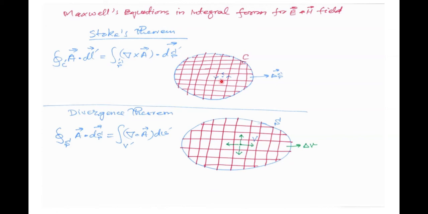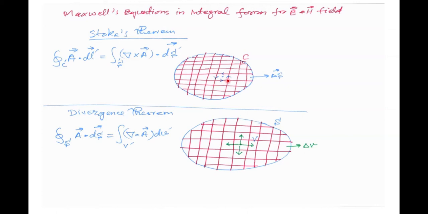When we place this surface in a magnetic field or any field, there are components of that field produced around the contour of an incremental surface.